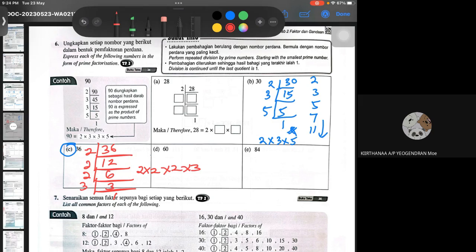Okay, can you understand? And then we do for 84. Okay, 2, 42, and then 2, 21, 3, and then 7. So this number is 2 times 2 times 3 times 7.